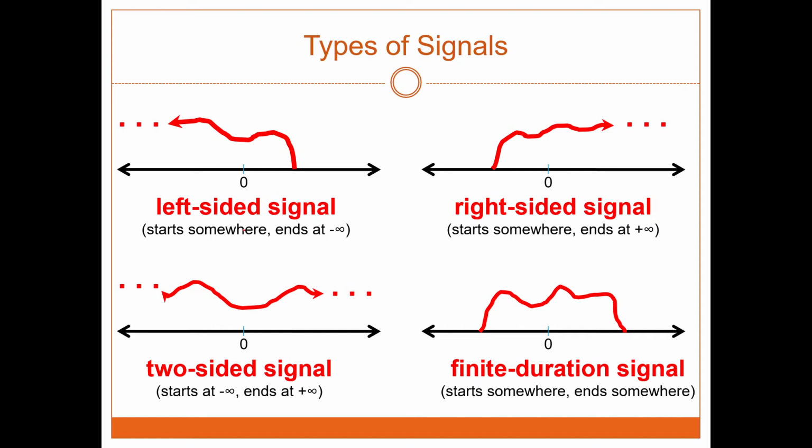The region of convergence will follow the type of signal: whether it is a right-sided signal, starting from somewhere here and ending at infinity, or it can start from somewhere and go to the left, so it will end at minus infinity. Or it can be from minus infinity to infinity. Or it can be bounded from somewhere here to somewhere here. It's called a finite duration signal.